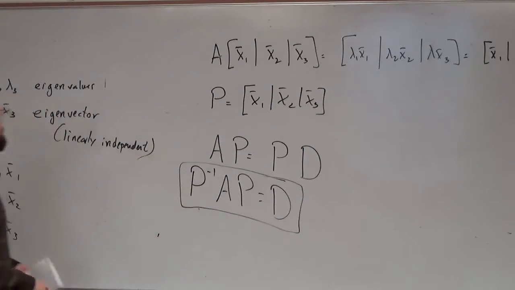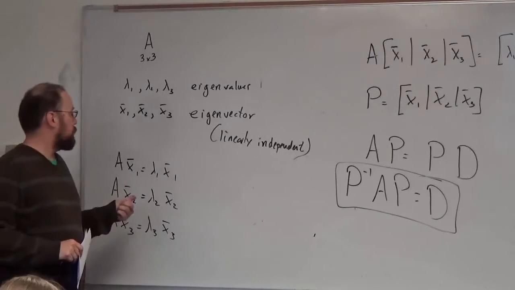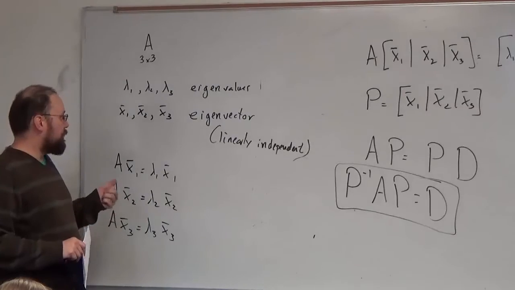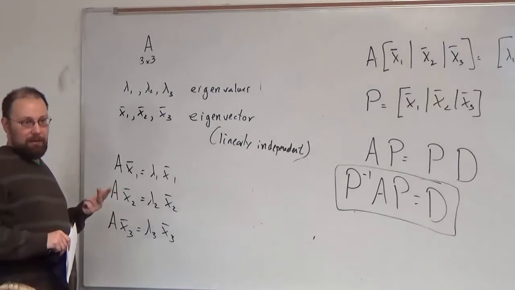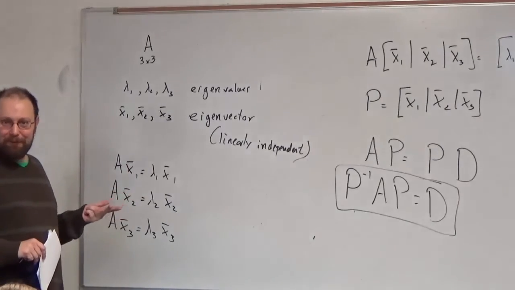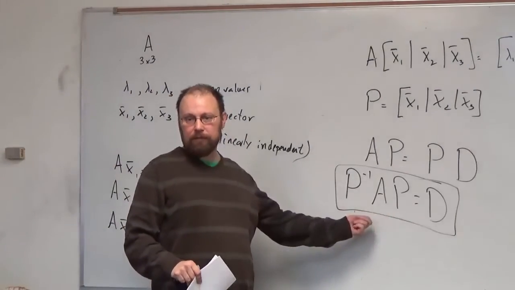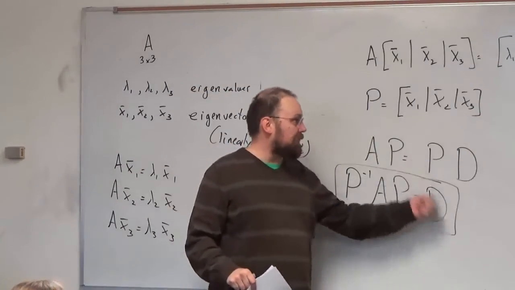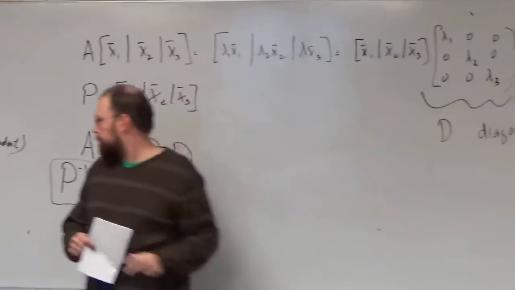So to diagonalize a matrix, number one, you find eigenvalues. Number two, you find eigenvectors for those eigenvalues. And if you have enough linearly independent eigenvectors to create a basis, you stick them in a matrix, P, and apply this recipe. And you're guaranteed that the diagonal matrix you get consists of the eigenvalues.